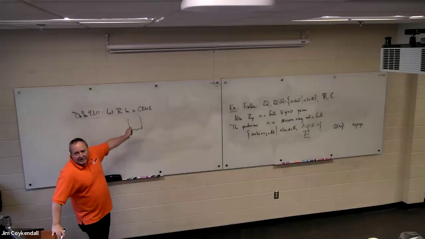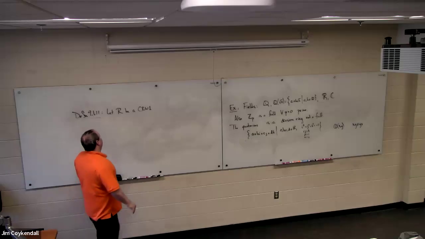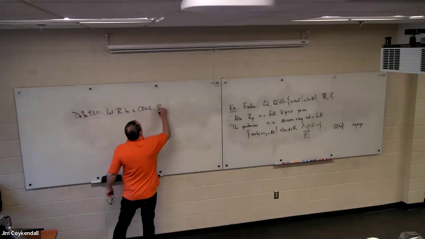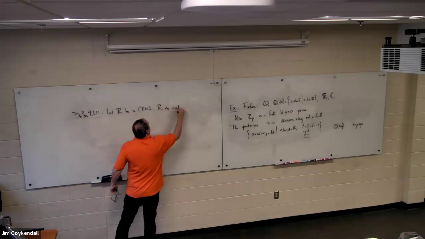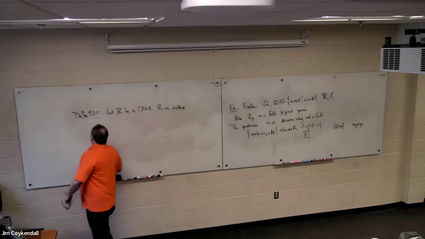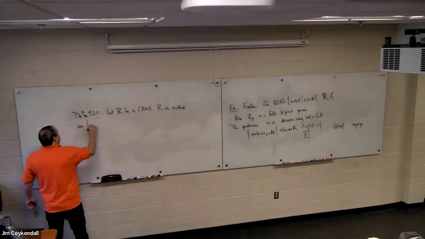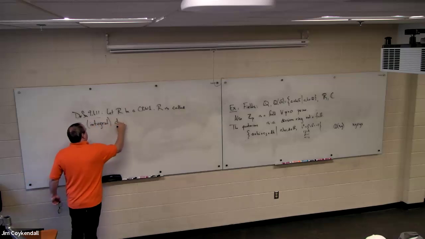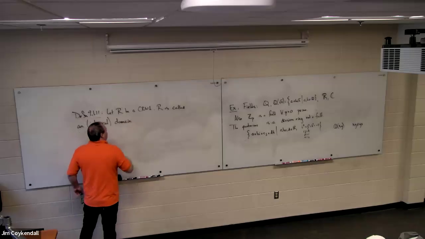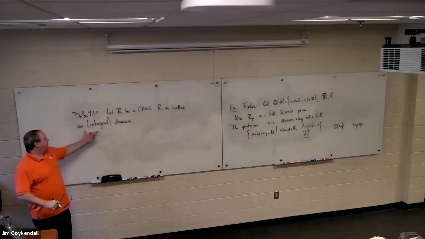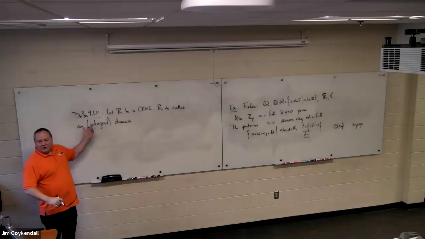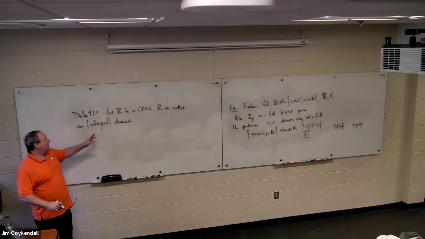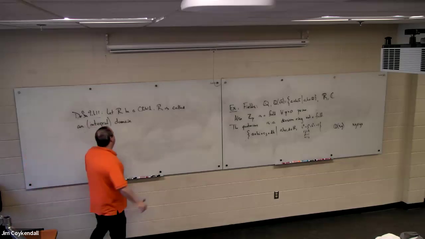One of the things is it's got an identity, it's got a one, and that's sometimes skipped over. Don't forget that condition. R is an integral domain, and I'll put "integral" in parentheses because sometimes people suppress that and just say a domain. So if I ever say R is a domain, I mean it's an integral domain.